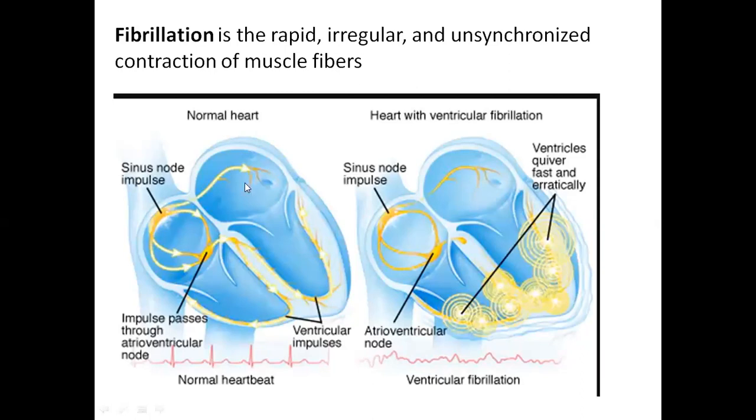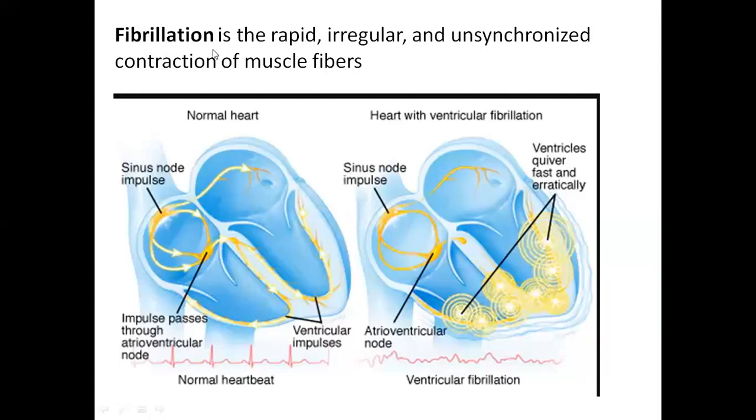On the heart we have muscle fibers, the Purkinje fibers and His fibers, and those muscle fibers also contract. So the rapid, irregular and unsynchronized contraction of muscle fibers is called fibrillation.